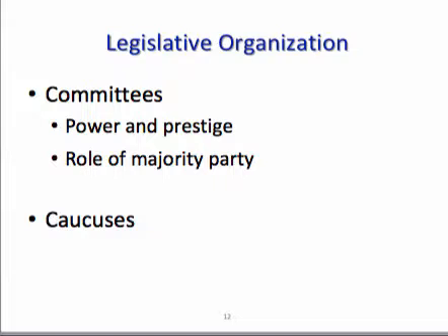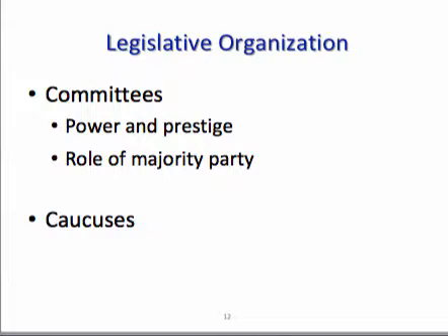Most of the work that is done in legislatures is done at the committee level. This is true of state legislatures and of the U.S. Congress. By the time that a piece of legislation comes up for a vote, the votes should mostly be in line, right?